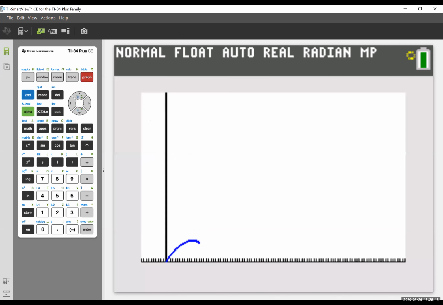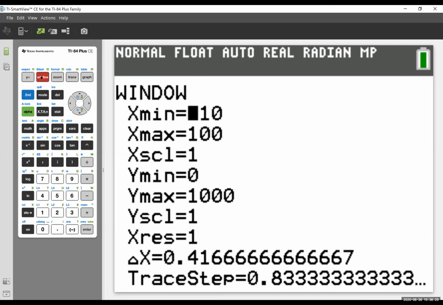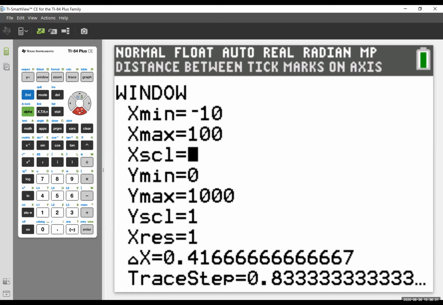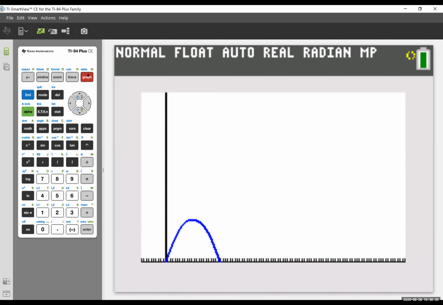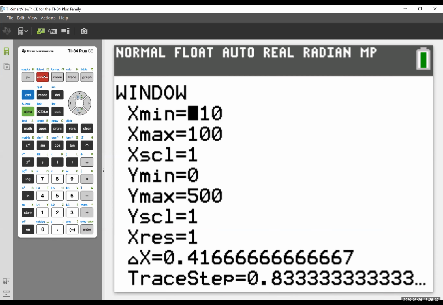Let's try it from there. We do see a vertex, and that's good. But if you want something prettier and a little more centered, you might consider making the Y max smaller. Maybe we'll go down to 500. See what happens. And maybe I'll take it even smaller. Maybe I'll say it's 100.